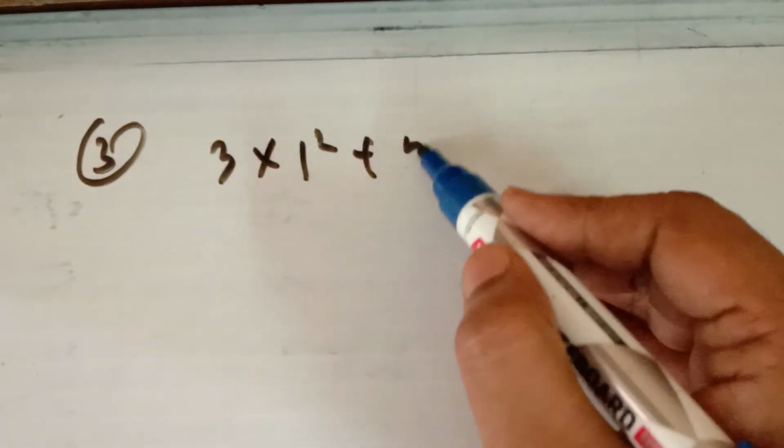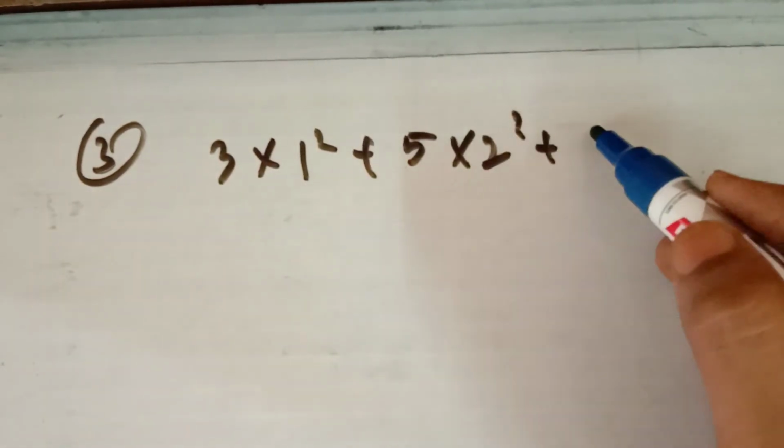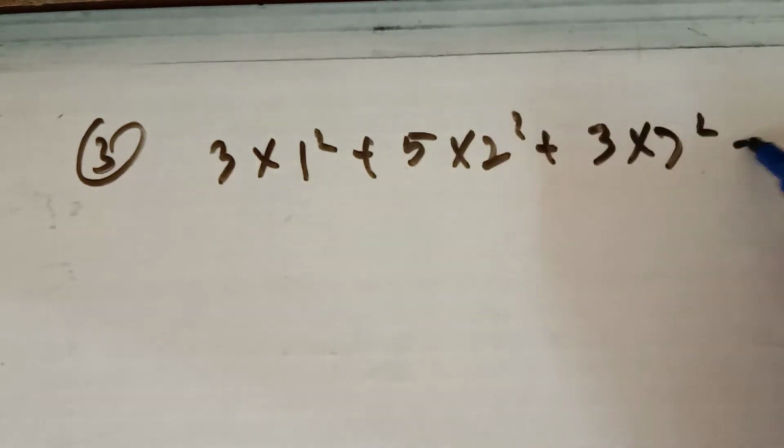Now in question number 3, it is 3 into 1 square plus 5 into 2 square plus 3 into 7 square and so on.